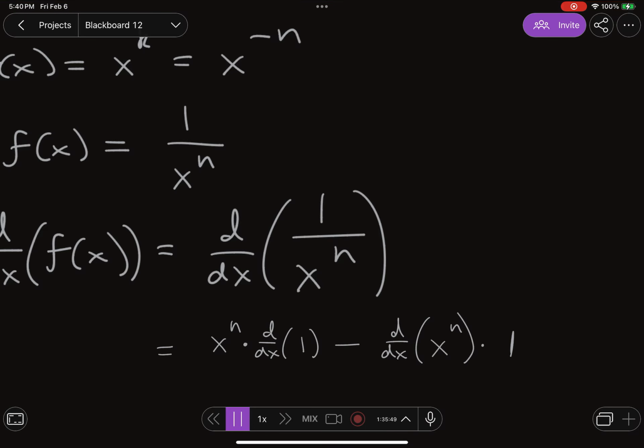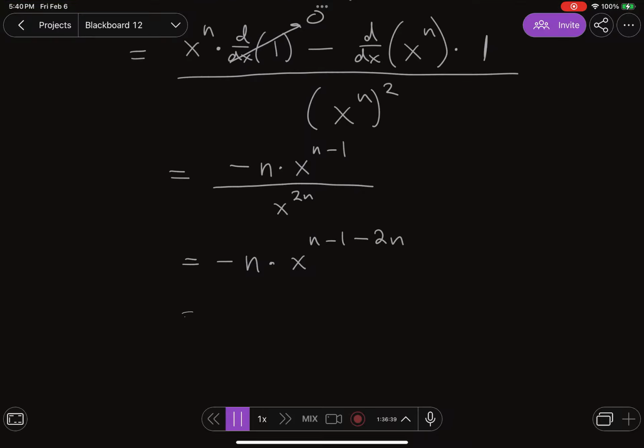This is equal to, and we have the derivative of x to the n, that's been proven already. That's negative n times x to the n minus 1, and that's, of course, times 1, all divided by x to the n squared, but another way to say that is x to the 2n. Then we just got exponent rules, you guys. This is the same thing as negative n times x to the n minus 1 minus 2n.